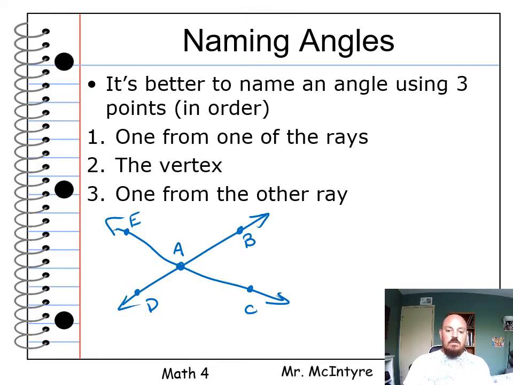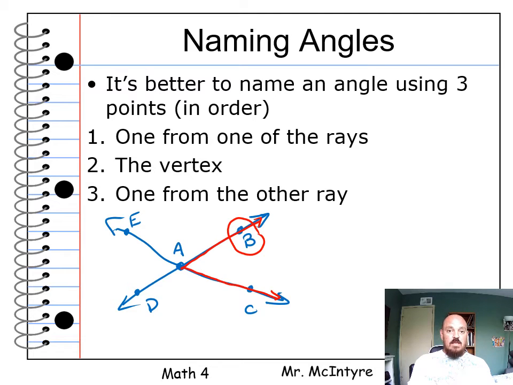So now, let's say the angle that I meant to be talking about the whole time was this one over here on the right side, the one I just highlighted in red. Now remember, I can't just say angle A. You wouldn't have known I was talking about that angle. But what I can do is I can use 3 letters now. I can say, well, we have point B here.